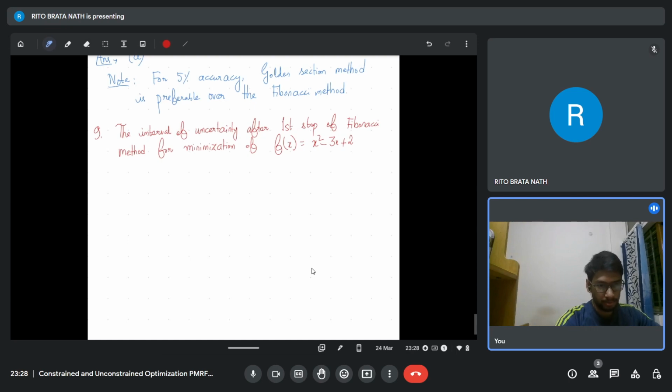Okay, so x belongs to [1, 2] with n equals 6. Now we have to solve it using the Fibonacci search method. So the options are L1, and you have to find the interval of uncertainty.